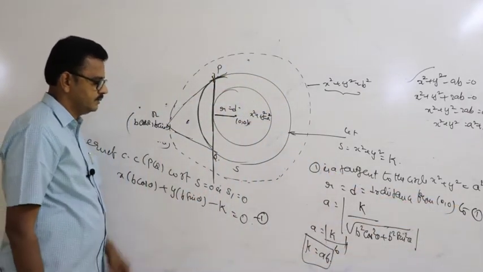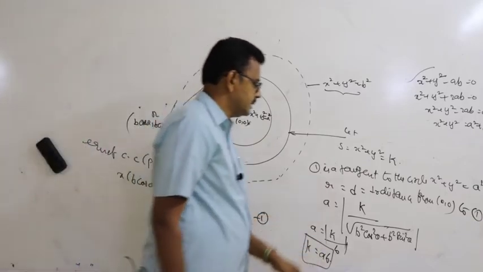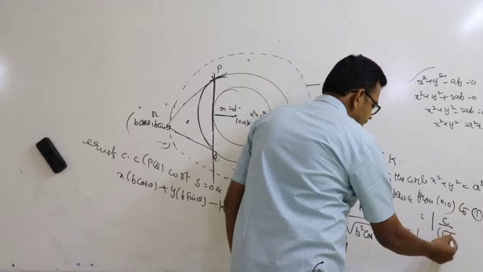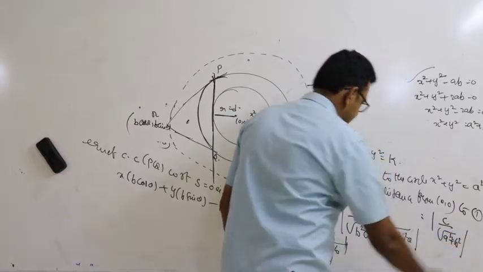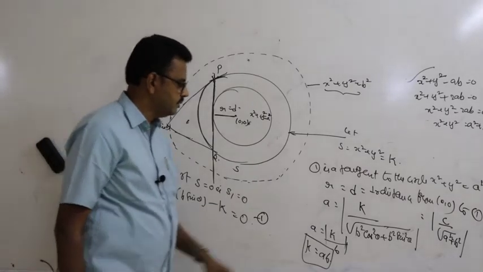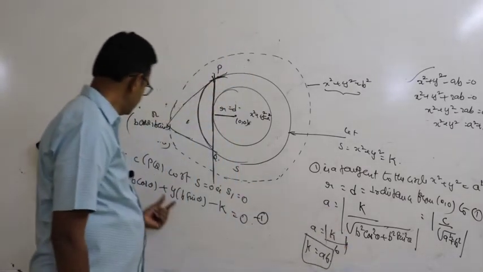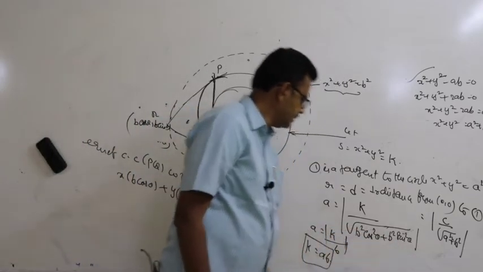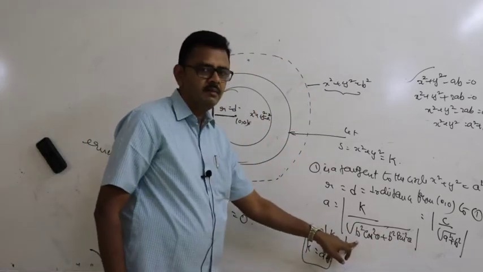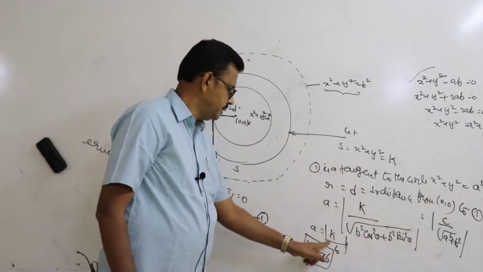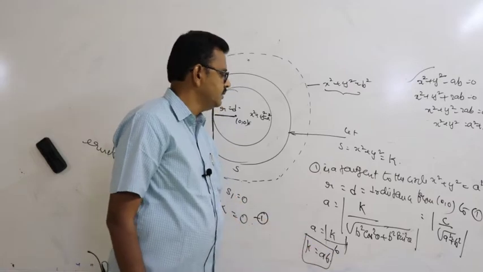Using the perpendicular distance formula from the origin, c by root of a square plus b square, that is mod of k by root of b square cos square theta plus b square sin square theta. Taking b square common, cos square theta plus sin square theta is 1. The root of b square is b. So k equal to ab.